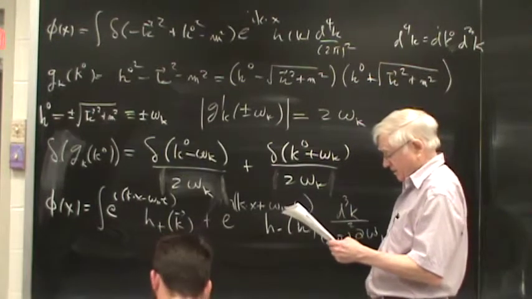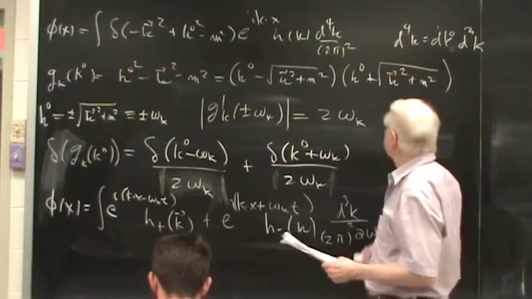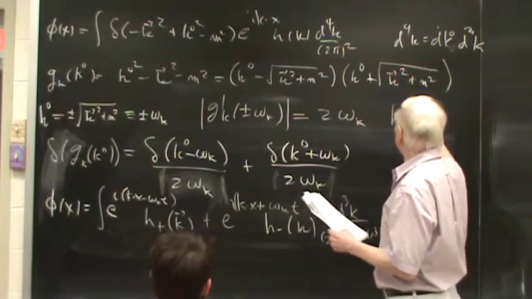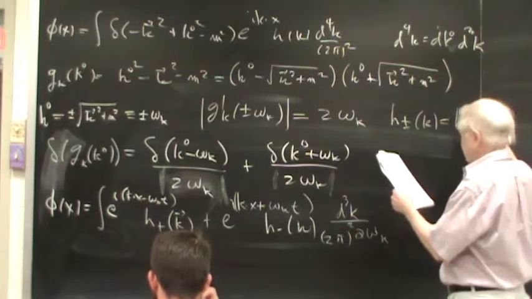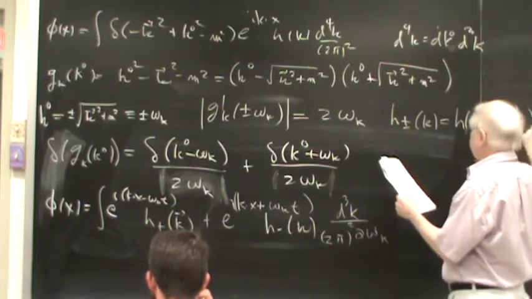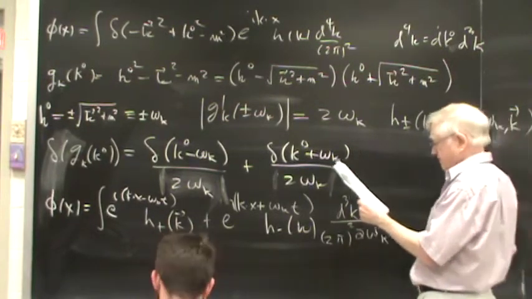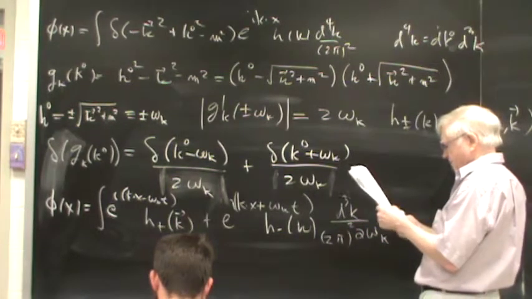Okay, now, these h plus or minus of k is h of plus or minus omega k, k vector, this being a 4 vector. That's okay.